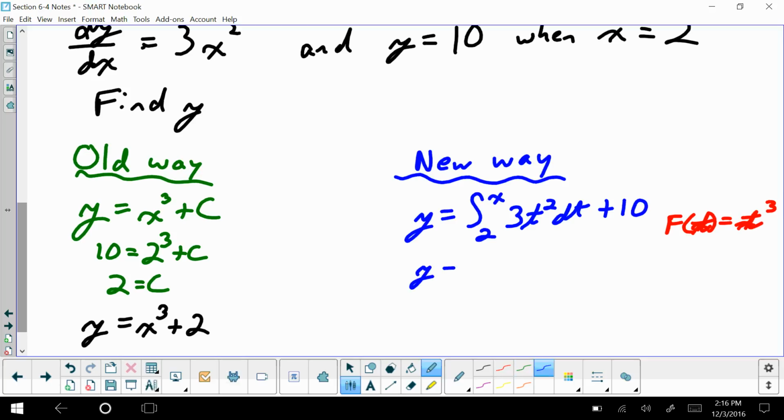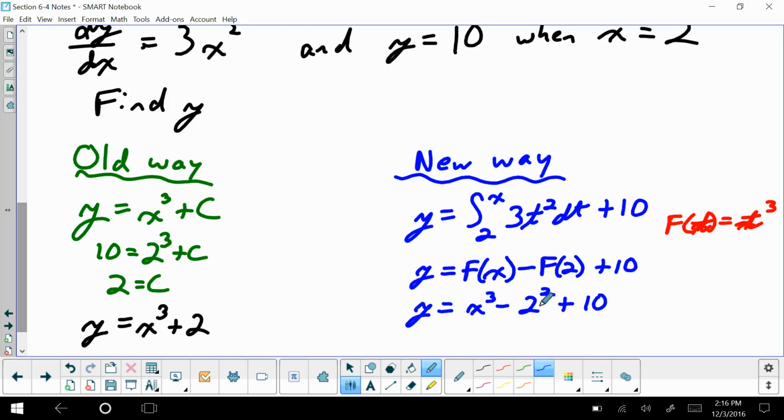So y would be capital F of x minus capital F of 2. Subtract those, and then it's plus 10. If I plug x into this, I get x cubed. If I plug 2 in, I get 2 cubed. I still have that plus 10, cubed, not squared. 2 cubed is 8, so a 10 minus an 8, and I still get that y is x cubed plus 2. Both are correct ways of doing it.